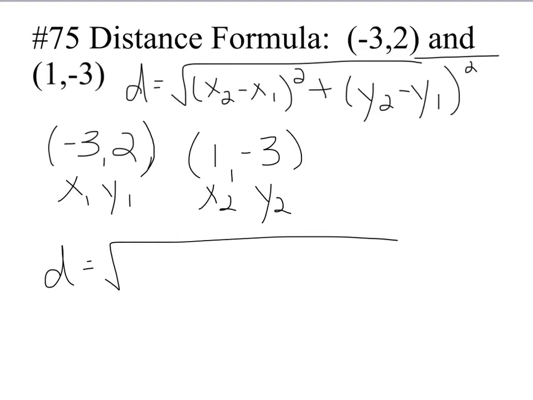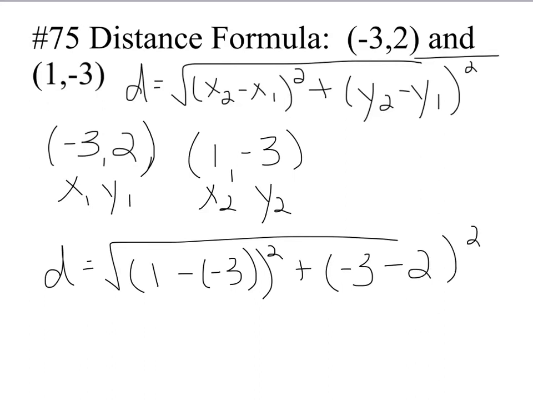So I'm going to look down here. Here's x2. I know x2 is 1, minus x1 is negative 3. So be real careful there. It's minus a negative. Squared plus y2 is negative 3 minus y1 is just 2 squared.